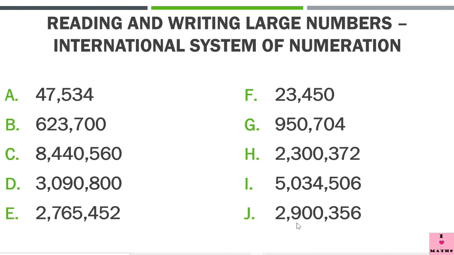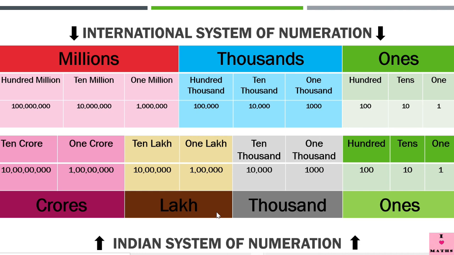Okay, now we are going to do one more thing which is very, very important, and that is the comparison of two systems, the Indian system as well as the international system. In Indian system as well as in international system, in ones period we have 3 columns, ones, tens, hundred, and same way here also ones, tens, hundred.